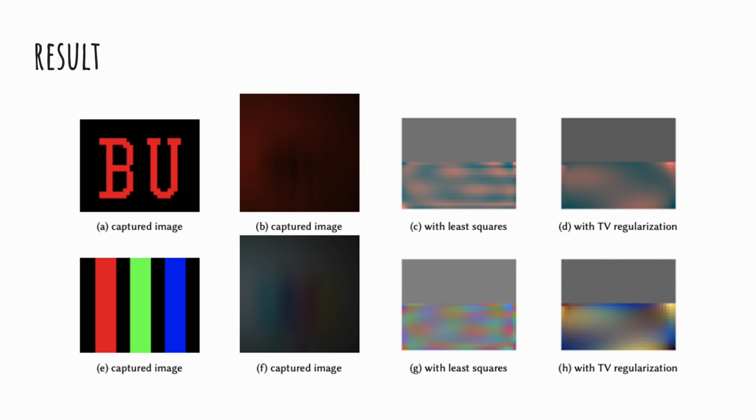I think the TV regularization is really doing its job here, and the reconstructed results look much more block-like, or have sparser gradients, than the least squares reconstruction results. I think what is contributing to the error here is that I probably have the wrong position of the occluder.